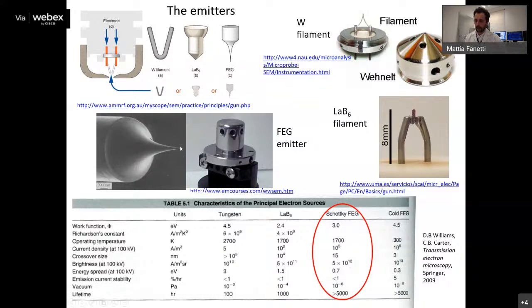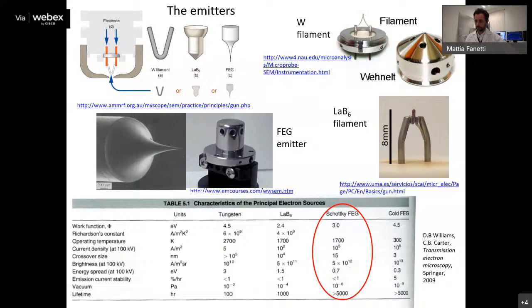The sharp tip is required because the electrical field, as you know, depends on the local curvature. So if you have a very sharp tip, at that point the electric field at the surface is very intense, and for that reason it's very easy to extract the electrons by field emission.